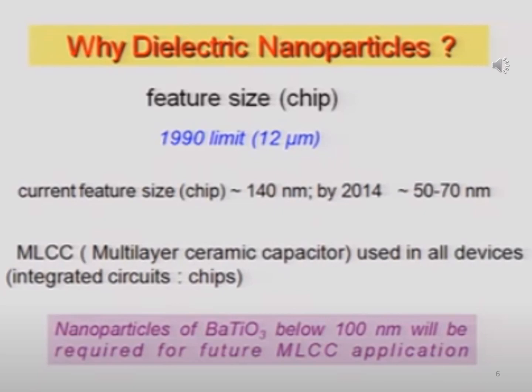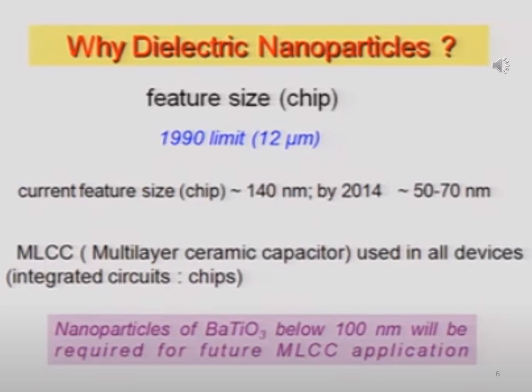In the 1990s, it was about 12 micron size, but now scientists can reduce the size up to the nanometer range. This decrease in size has the advantage that you can put many chips in the same area.